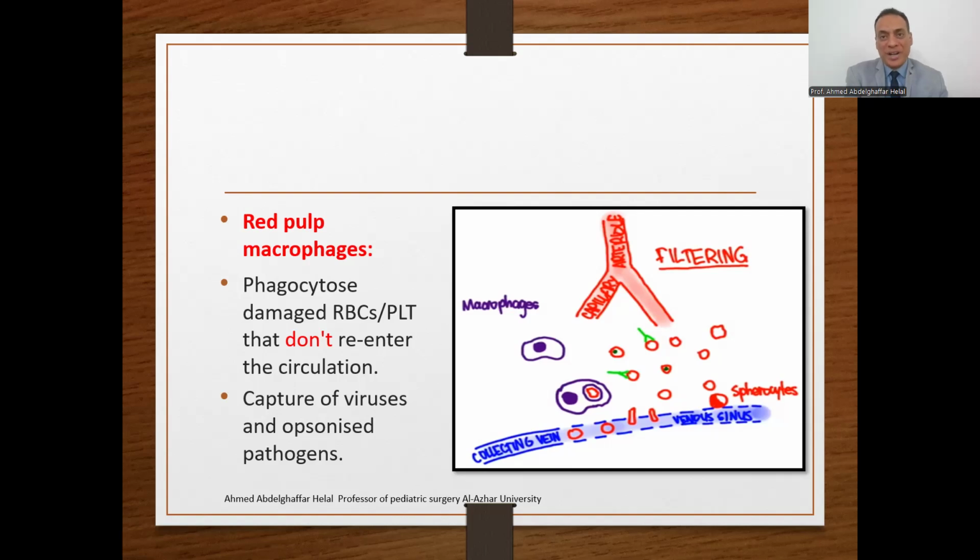So these red pulp macrophages will phagocytose these opsonized bacteria or viruses, preventing them from returning to the circulation. So the spleen here acts as a biological and mechanical filter, preventing these substances from re-entering the circulation again.